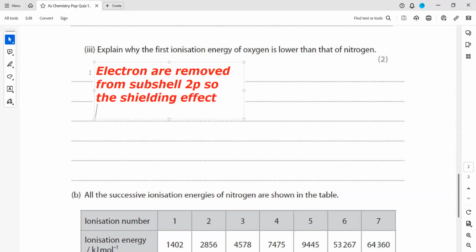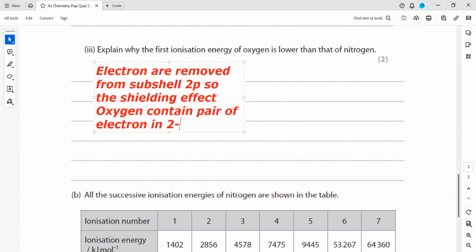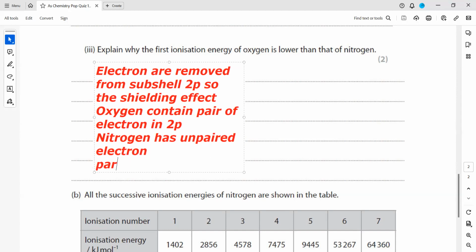But what actually happened? Oxygen contains a pair of electrons in 2p, whereas nitrogen has unpaired electrons, and the paired electrons have more repulsion.